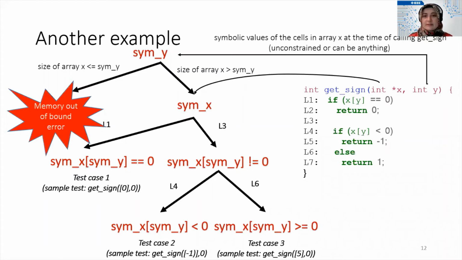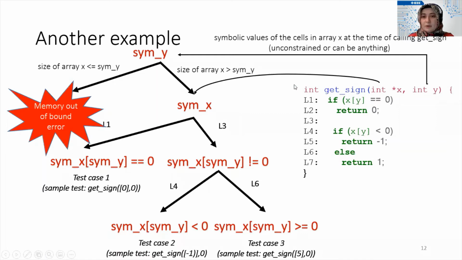So let's change this getSign function a little bit. We're going to change variable x into an array of integers and introduce another parameter, y. Now, let's assume that the contents of array x are symbolic, and y will be marked symbolic.